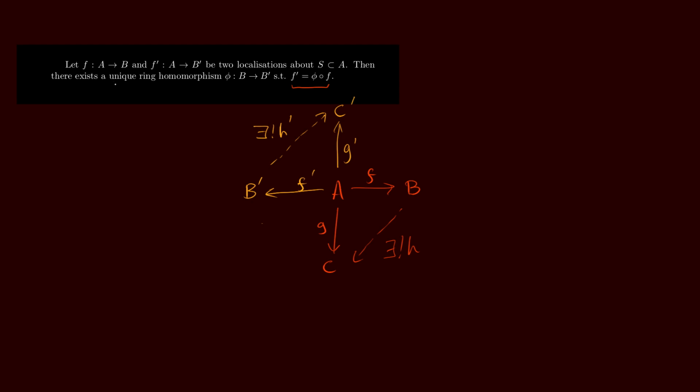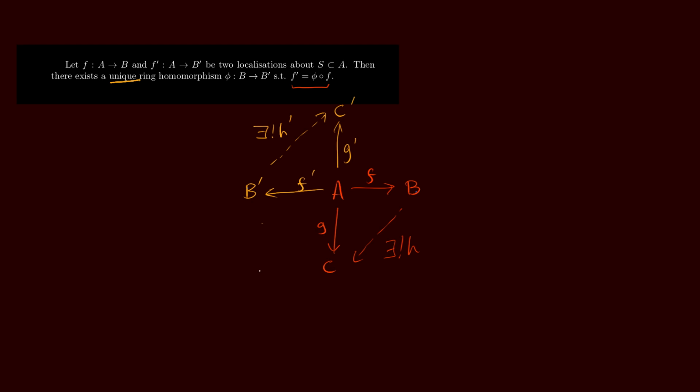So what we're looking for here is a unique ring homomorphism from B to B prime. So we need to find some way to go from B over to B prime. The key point here is the universal property of F, and that is that we have freedom to pick this G. We can pick this ring homomorphism G from A to C. We only need it to satisfy that it sends S into the group of units.